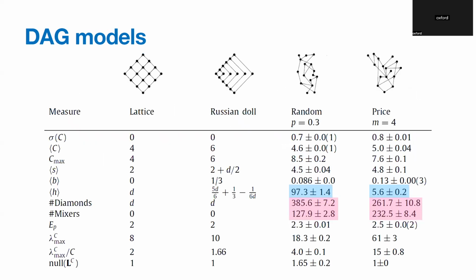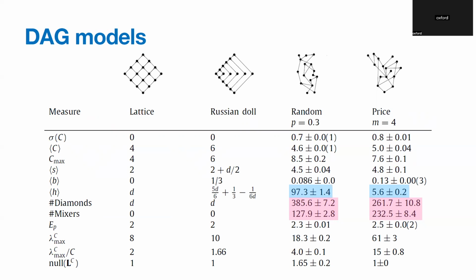The results for the lattice and the rational are as expected, and they're not super interesting. Although we don't necessarily understand why, so it's a bit phenomenological, right? We generate models and we measure the properties, but we don't necessarily know why they turn out this way, but we can observe differences.